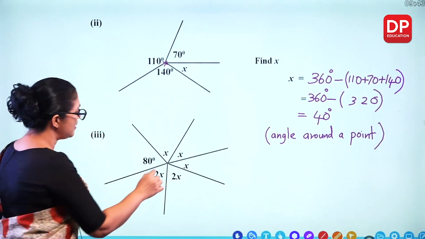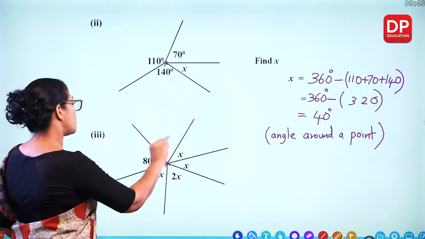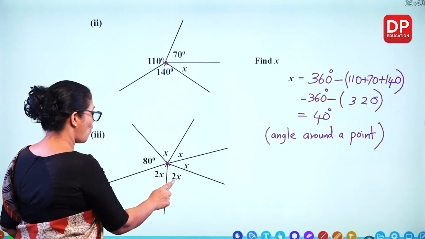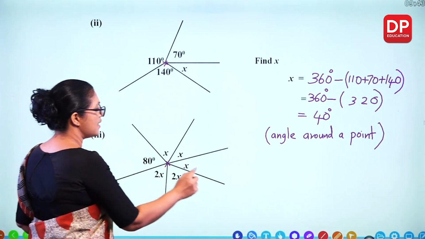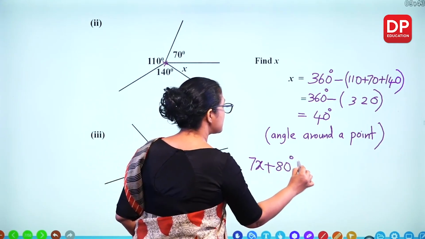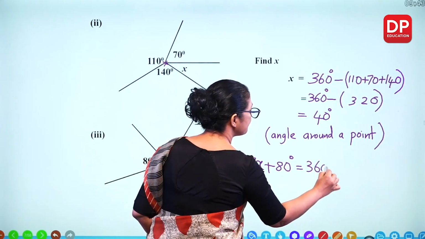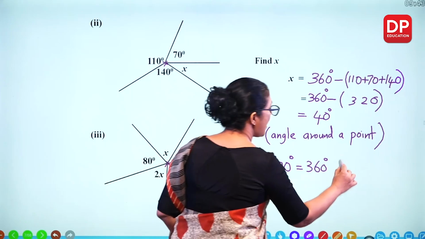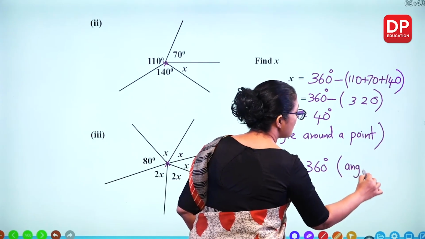This one again, this is a point. So when you add it, 2 plus 2, 4, 4, 5, 6, 7. 7x plus 80 is 360. You can write angle around a point.